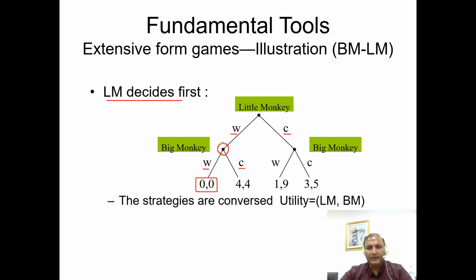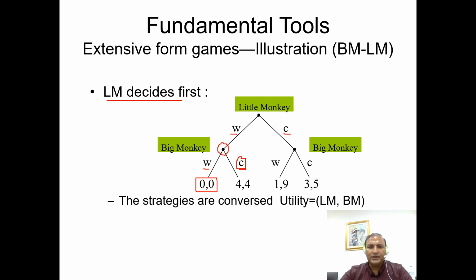On the other hand, if the big monkey decides to climb up on the tree, then the payoff for the big monkey will be equal to 4, and the payoff for the little monkey will also be equal to 4.